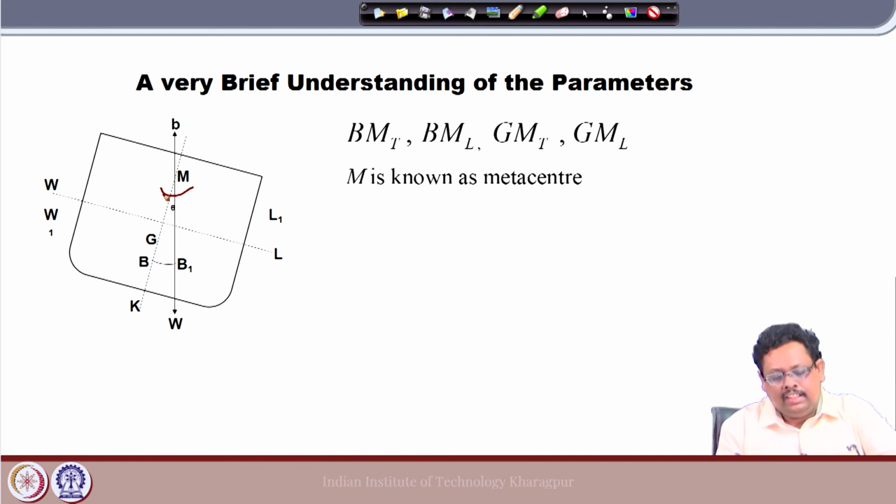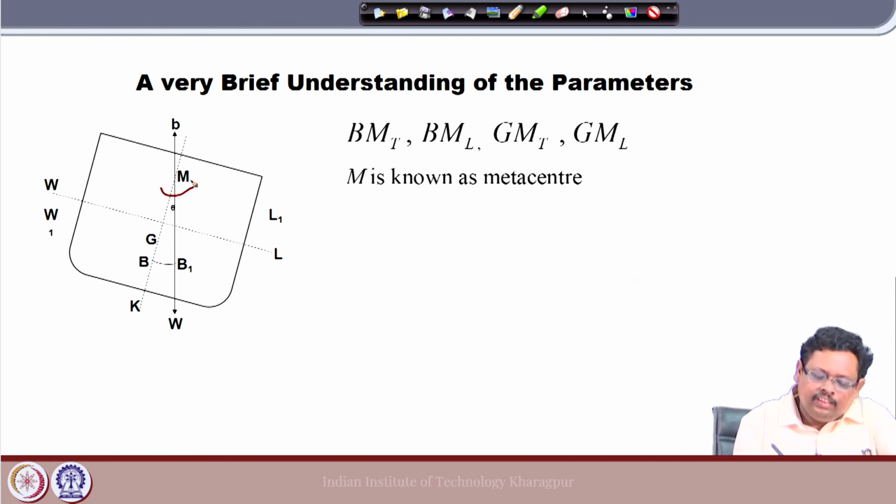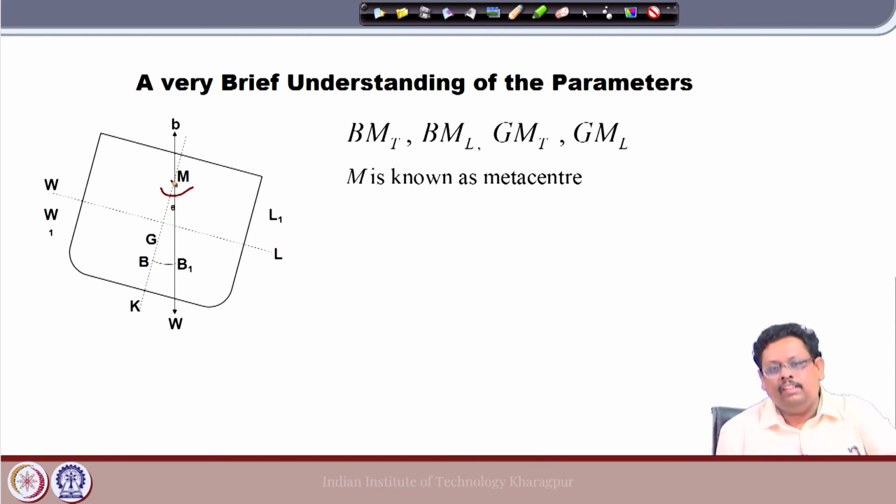So M should be a function of theta, but we say no, M is not a function of theta, because we calculate the metacenter at the limiting point, when theta is very small. Now, let us first see how we calculate M.